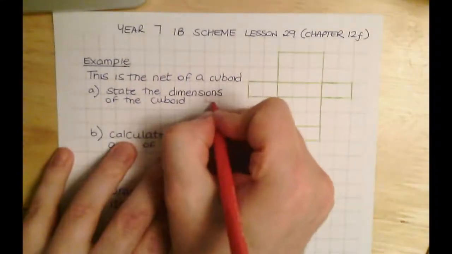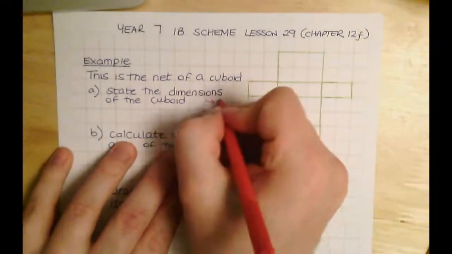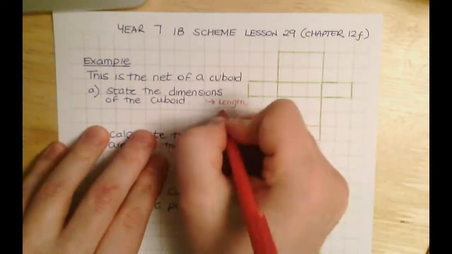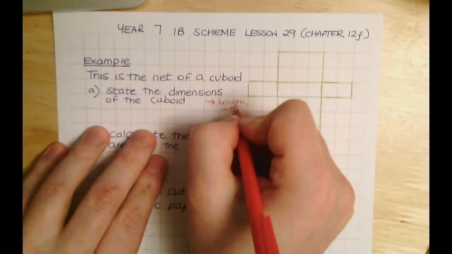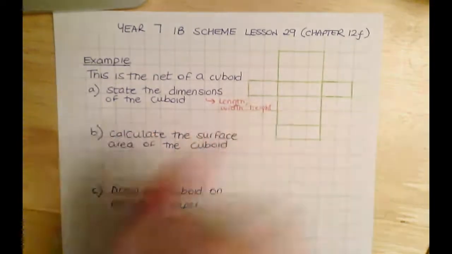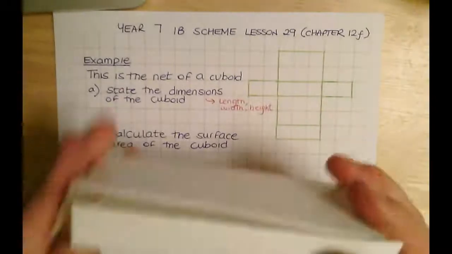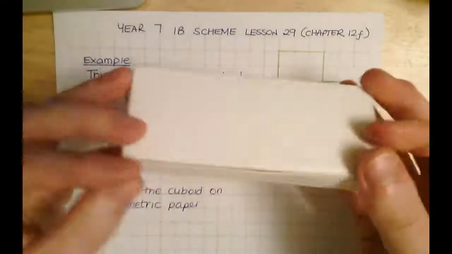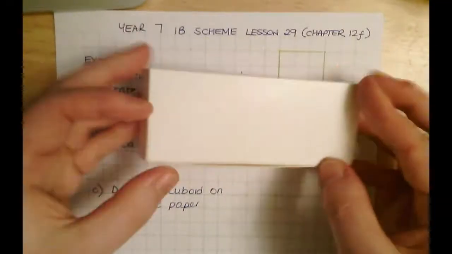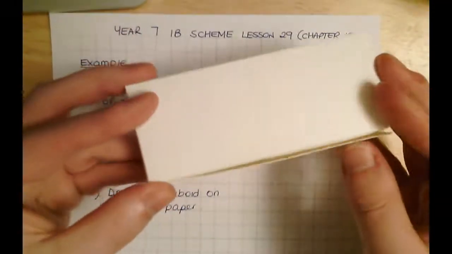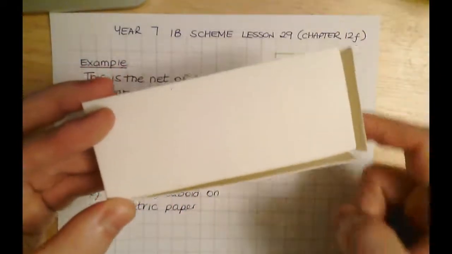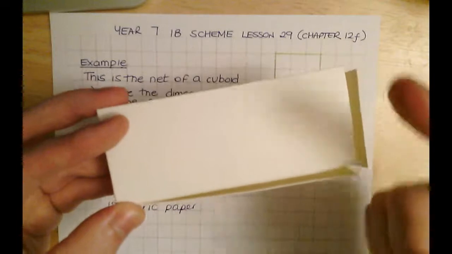Now what that means is the length, the width, and the height. So if I put my 3D cuboid back together, all that is saying is, I want the length, the width, and the height, how high up it comes.